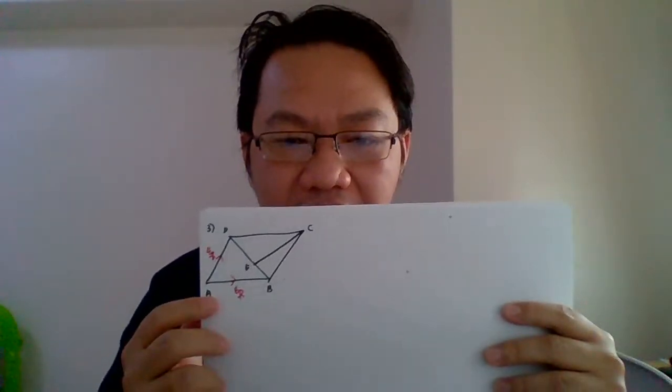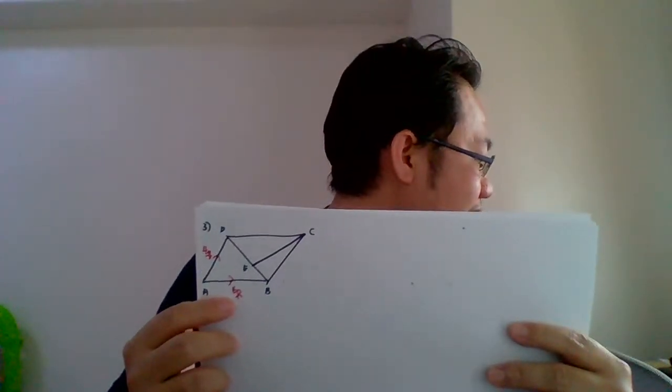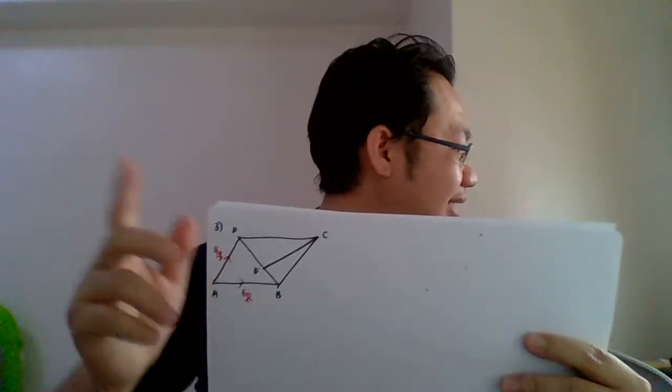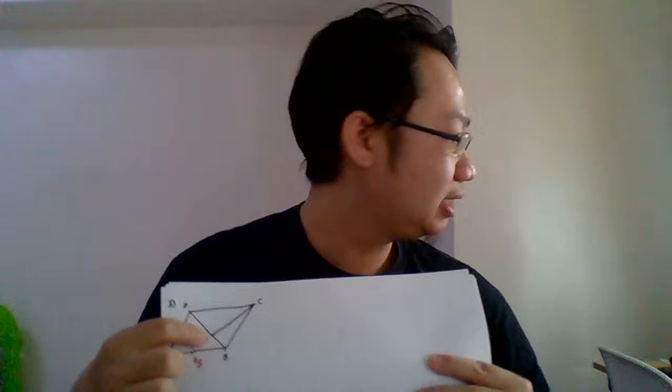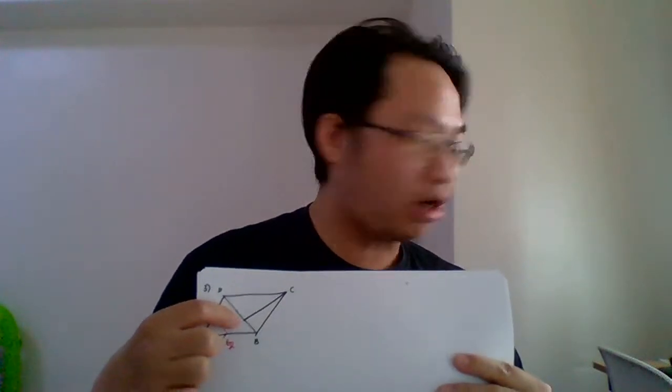The question is asking us to find something, and there is additional information here: DE is double of EB. There is a ratio, right? So the third information given is DE equals 2EB.